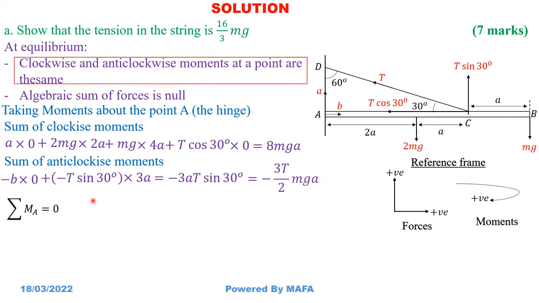Now at equilibrium, we have the first condition, which says that the clockwise moment and the anti-clockwise moment at a point are the same. It therefore means mathematically that the sum of moments, the algebraic sum of moments about a point, is equal to 0. Now our point is A, so the algebraic, meaning that we should include the sign of that moment.